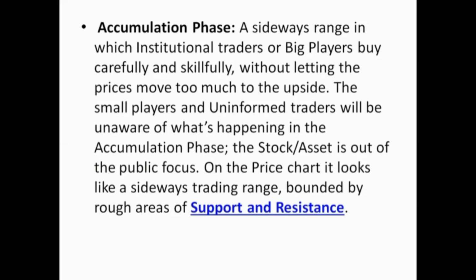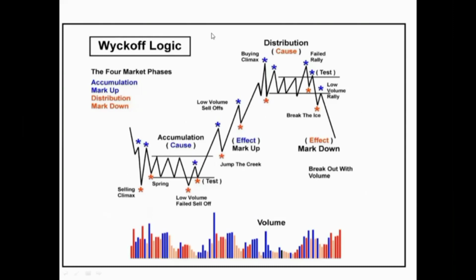On the price chart, it looks like a sideways range bounded by rough areas of support and resistance, just like we said in this video. It is a kind of ranging within support and resistance areas, as you can see here. So that's the accumulation phase.